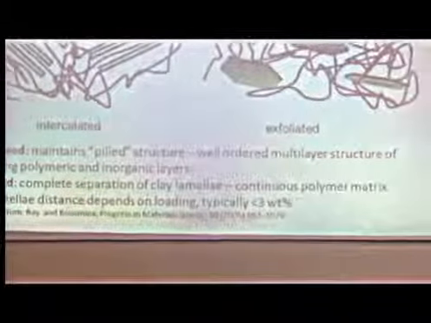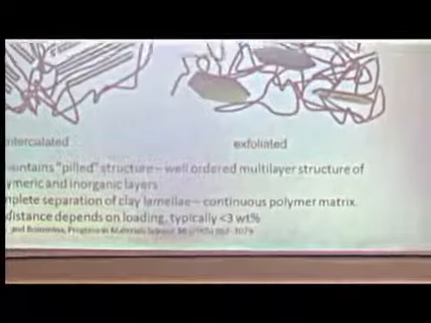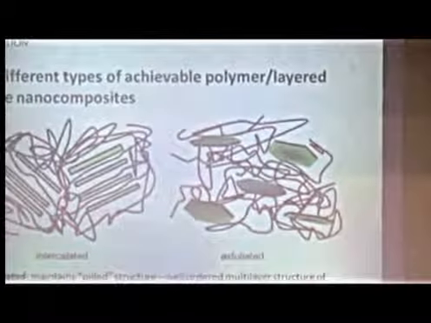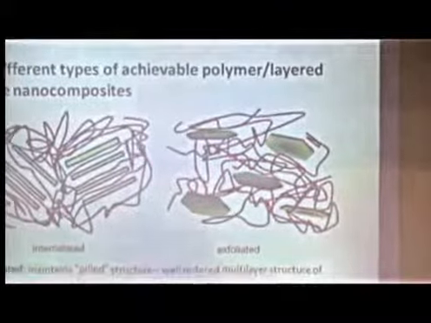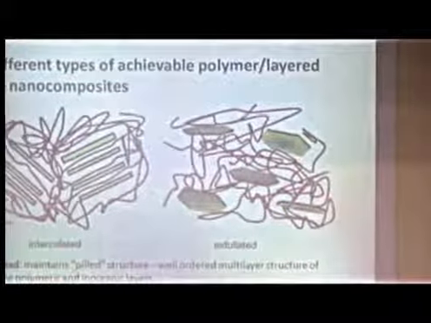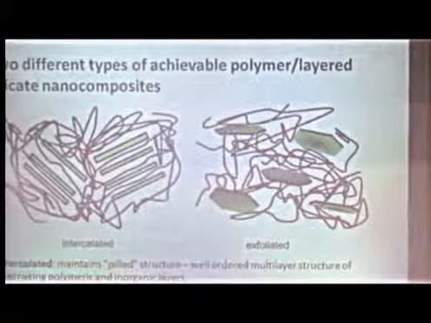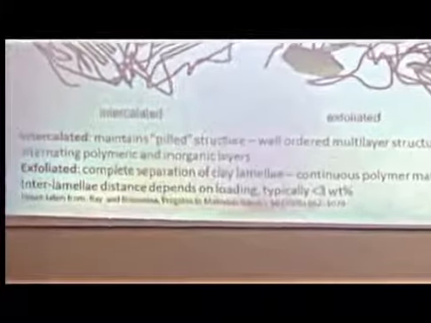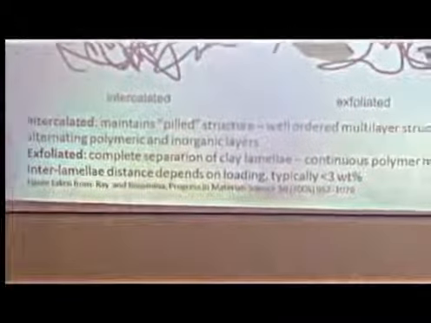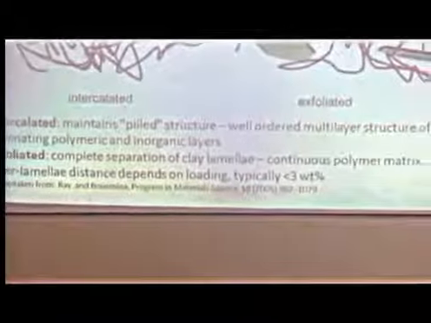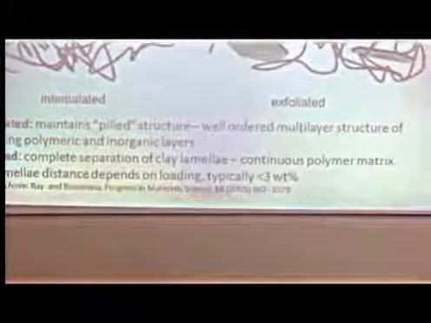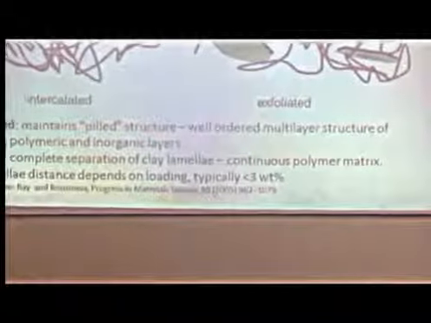Or they could be completely exfoliated, in which case the polymer chains in between might still be cross-linked and so on, and subject to their own chemical reactions. So intercalated is this sort of piled structure, still a well-ordered multi-layer structure. Exfoliated, we have complete separation of the clay lamella and a continuous polymer matrix that goes in between.